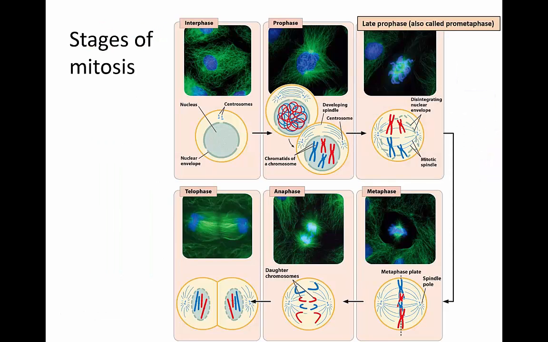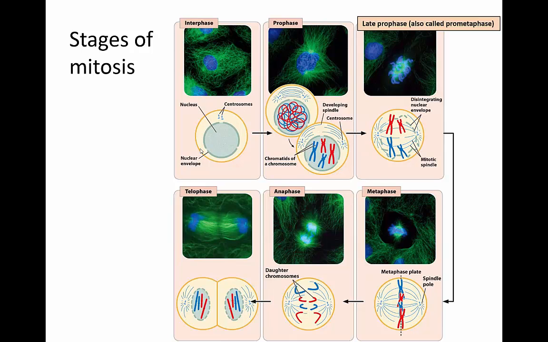Let's talk about the stages of mitosis next. So remember that as a cell is getting ready to enter into mitosis, S phase has already happened. And so in the nucleus, what you have is actually sisters that are attached to each other. You can't see the structure of these since the DNA is not yet condensed.